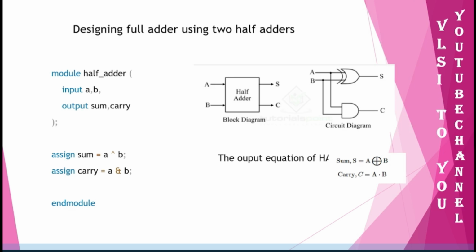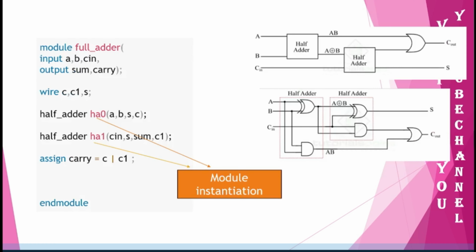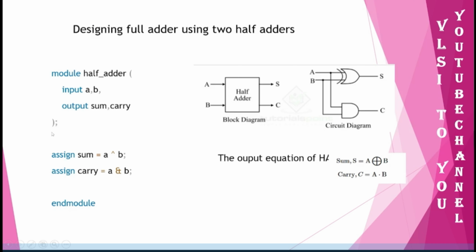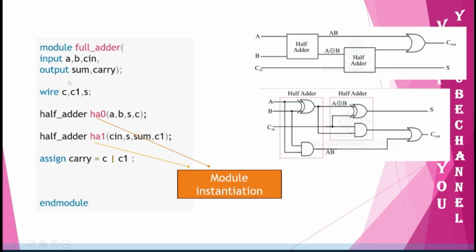So now I am using the module instantiation technique here. After writing the half adder code, I am writing the full adder code. Module full adder, which consists of a, b, c in as inputs, sum and carry as outputs. And since I am connecting two half adders, there will be some internal connections, is it or not?